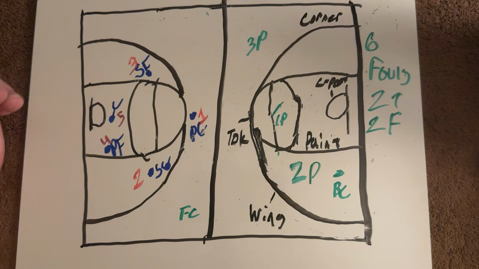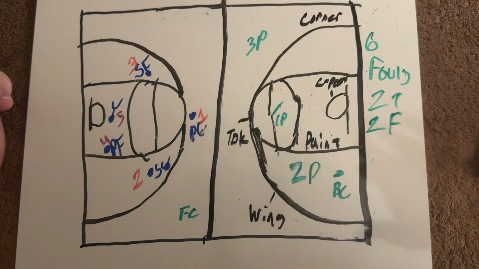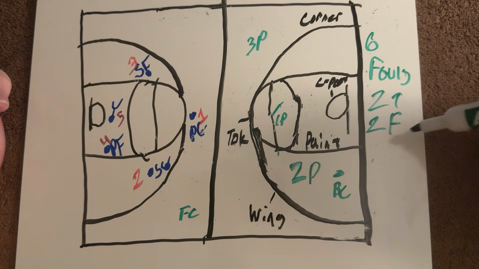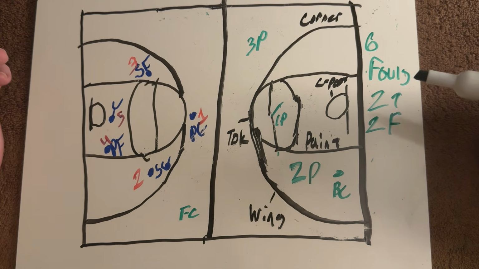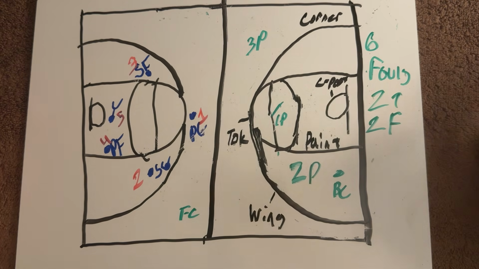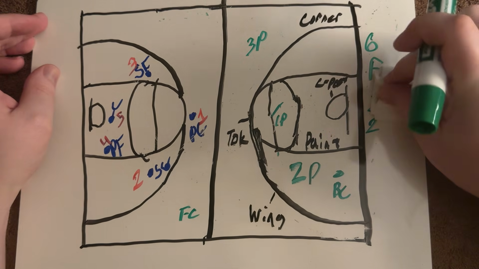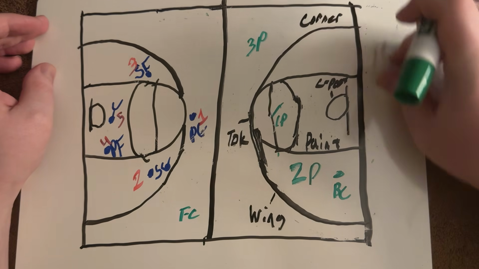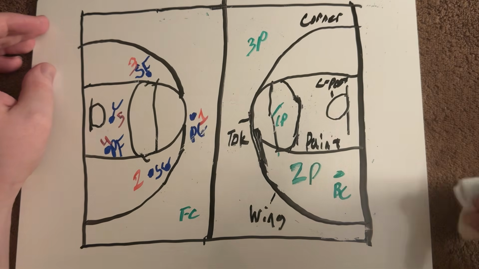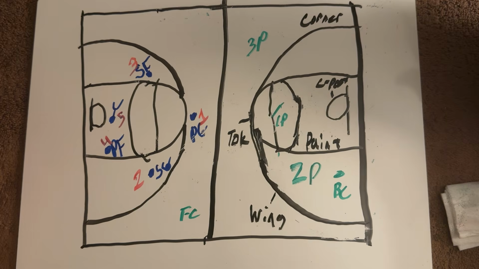But yeah, again, when it comes to fouling, there's a whole lot of stuff there. Flagrant is just if you throw punches, right? Like, flagrant is what Draymond Green does. So a lot of different rules there when it comes to fouling. But if you get 2 technical fouls, if you get 2 flagrant fouls, you'll be disqualified.